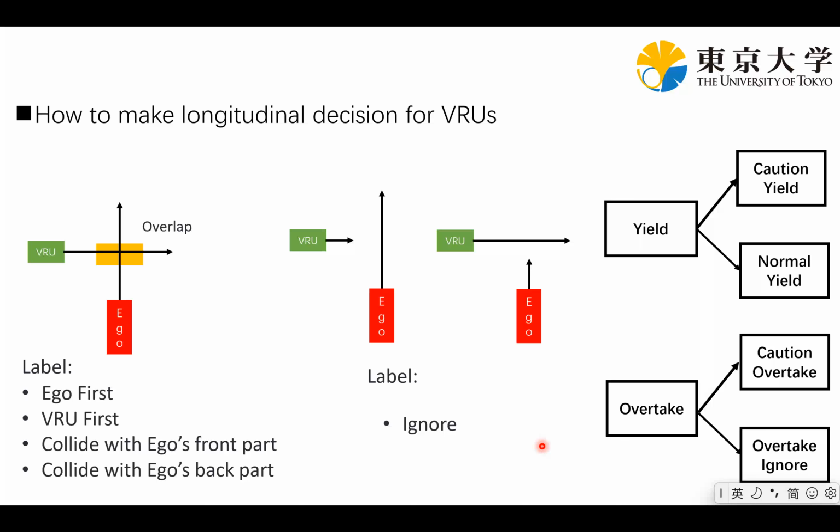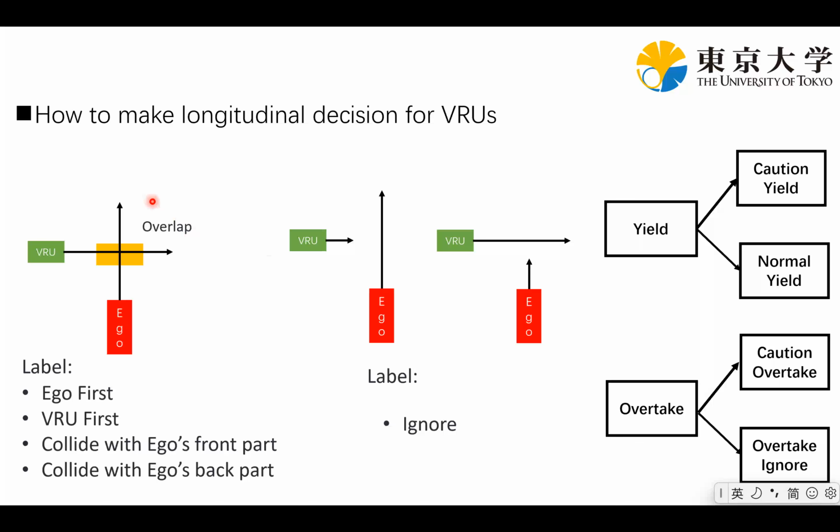Therefore, we adopt the following strategy. Initially, we use the traditional approach of A-star for longitudinal decision making. The result serves as a reference, or just acts as a fallback when those decisions fail. Next, we partially trust the prediction results for VRU and label them based on the interactions between VRU and AV, as shown in the figure.